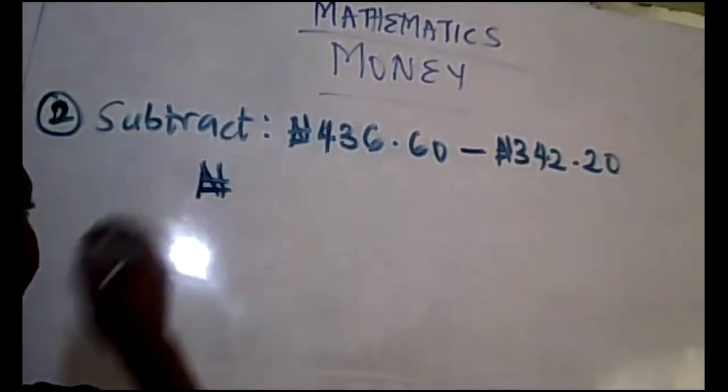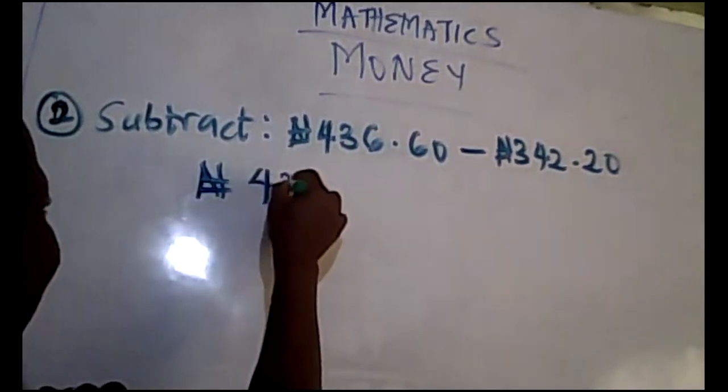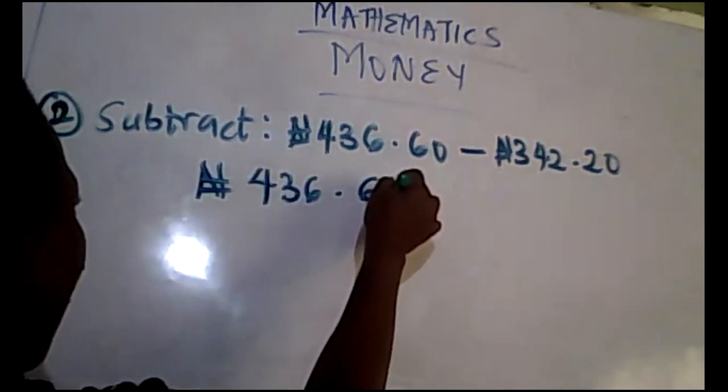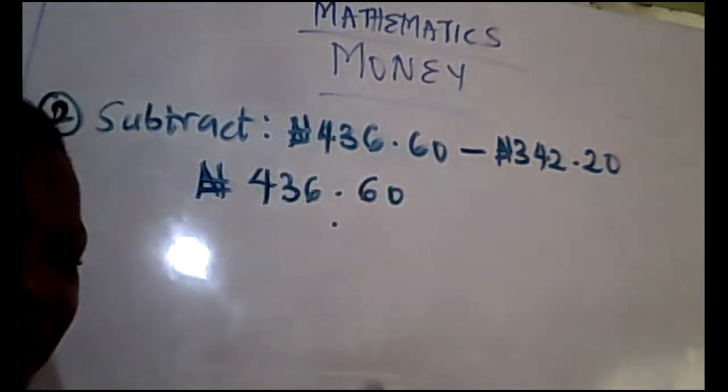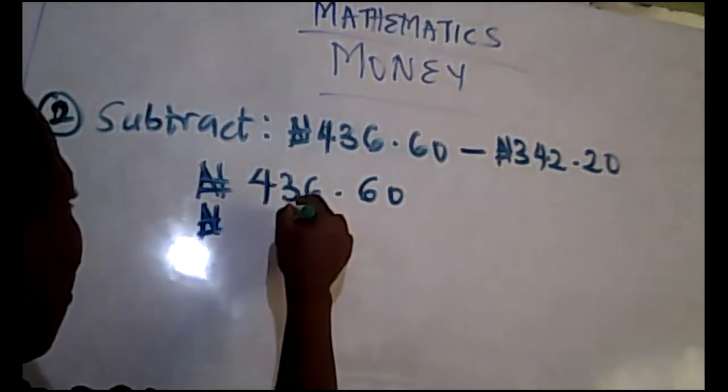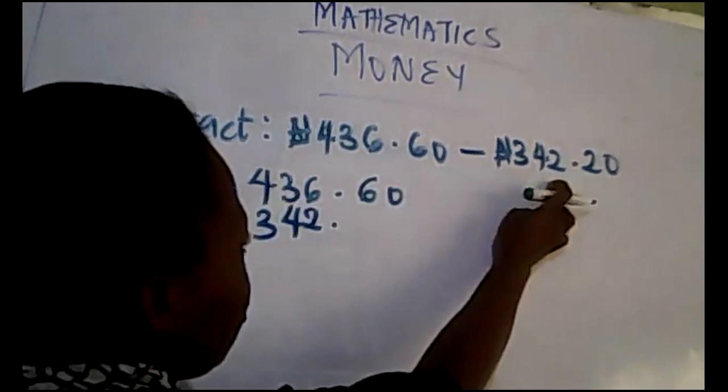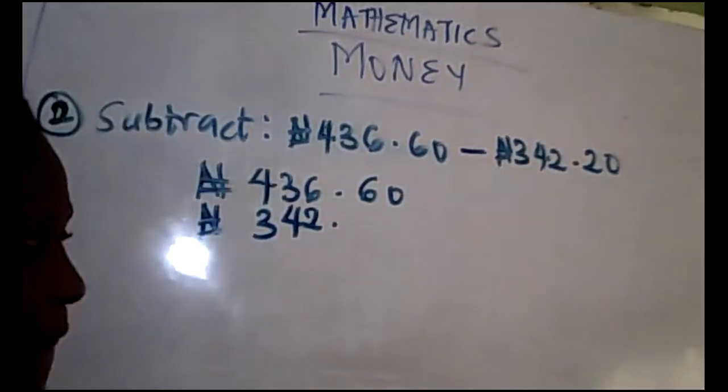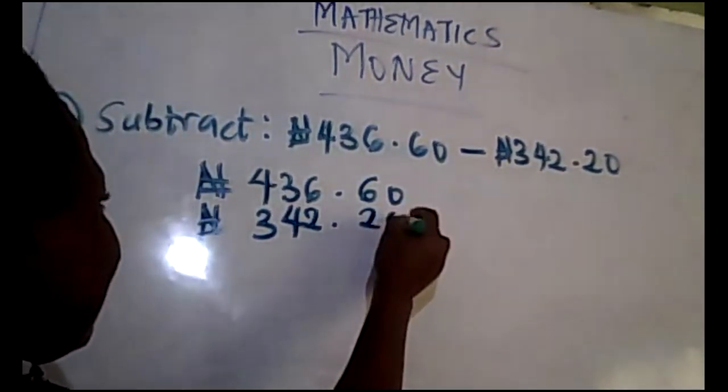My naira sign on one side, 436 naira 60 kobo. I will put my decimal point first. The naira sign again, 342 naira 20 kobo.